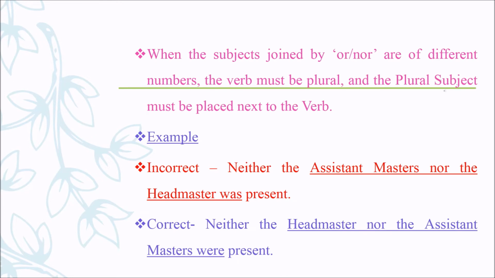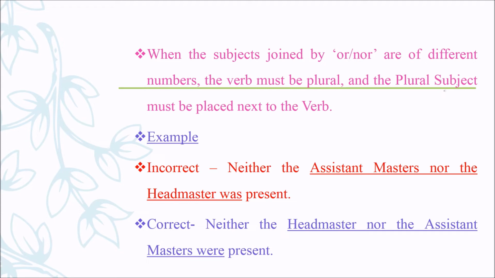Next rule is that when the subjects joined by or, nor are of different numbers, the verb must be plural and the plural subject must be placed next to the verb. Now look at the example. Neither the assistant masters nor the headmaster was present. Is that correct sentence? No. The correct sentence is neither the headmaster nor the assistant masters were present.